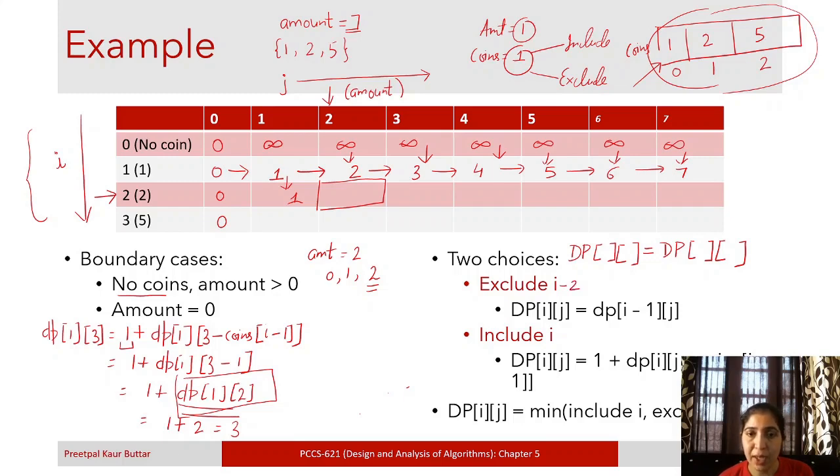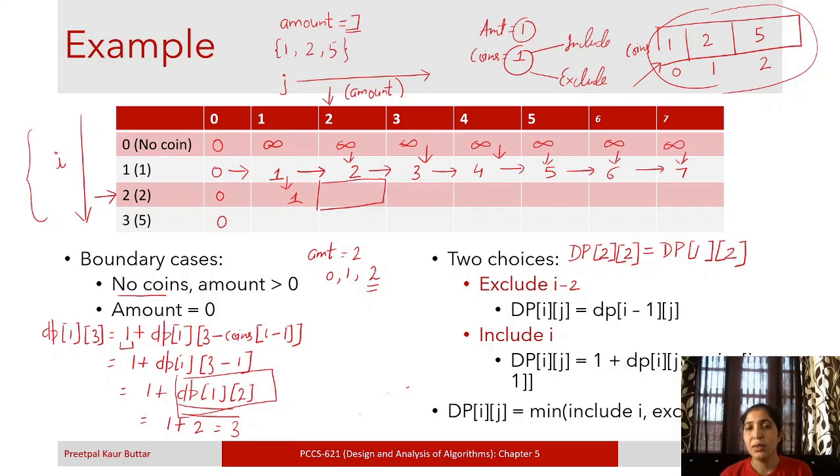It is dp[i][j], that is i is 2, and j is the amount which I am trying to make. So using a 2 rupee coin, I want to make an amount equal to 2, but I decide to exclude it. What will the solution be then? The solution will be what was the solution using the lower denomination coins, that is 0 coin or 1 rupee coin. That is why it is written as dp[i][j] = dp[i-1][j], that is dp[1][j].